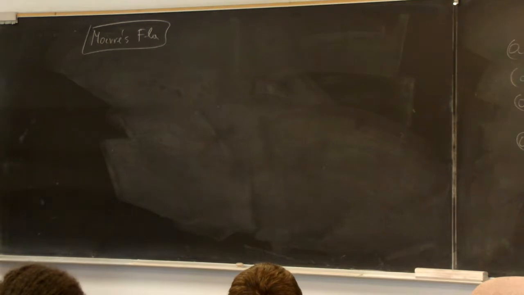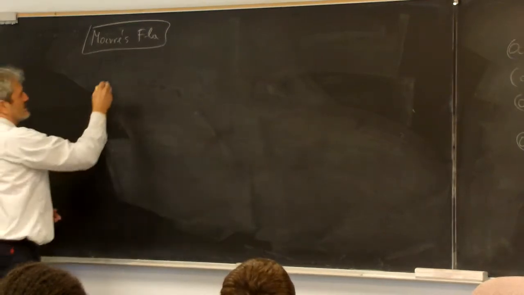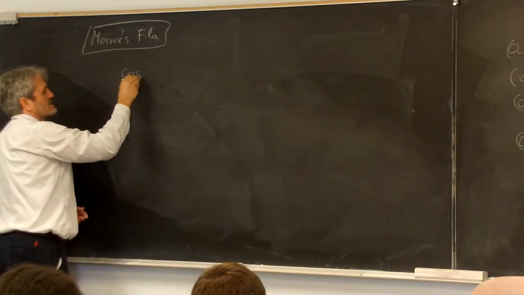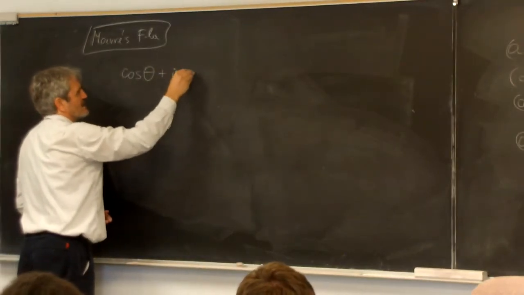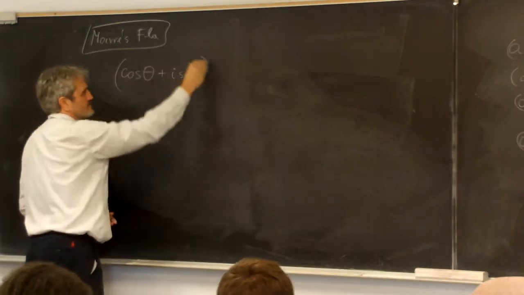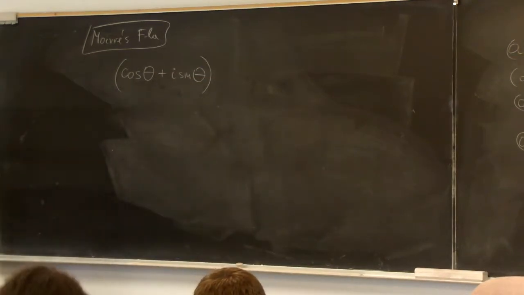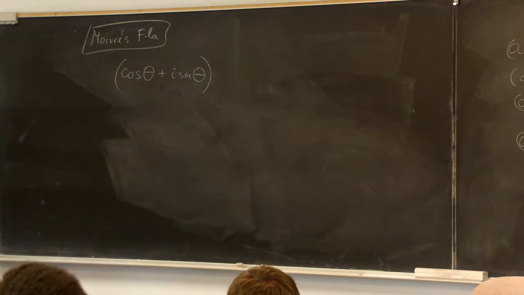What is Moivre's formula telling you? The formula says the following. Cosine theta plus I sine theta. What is this? It's a complex number. You don't even need to know more than that. It's just a complex number.